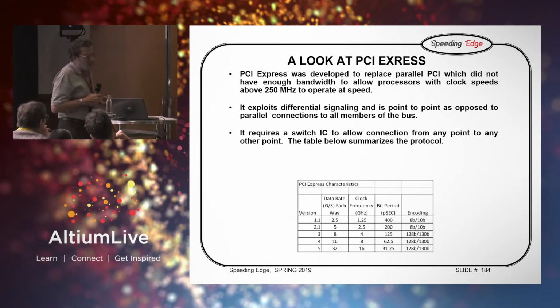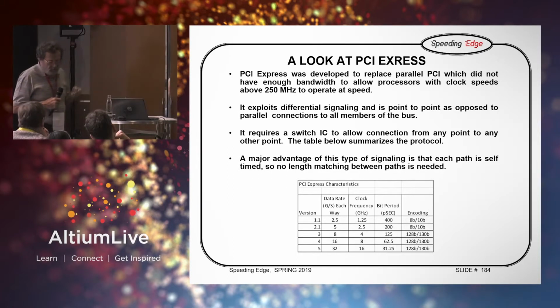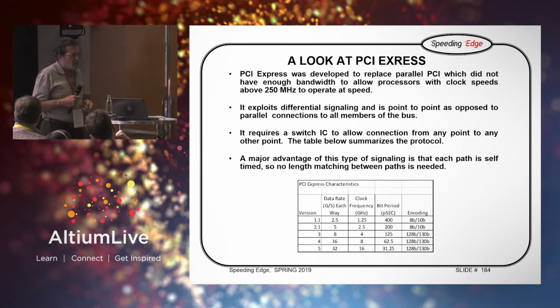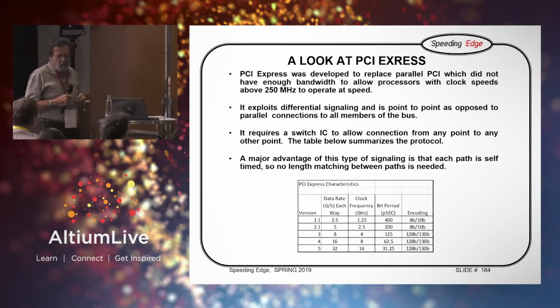Well, early on, in Intel's case, the only PCs with PCI Express were the high-end ones the gamers use, because they were willing to pay the extra cost of that switch chip. But now the switch chip is built into the processor, so that is no longer an extra burden.